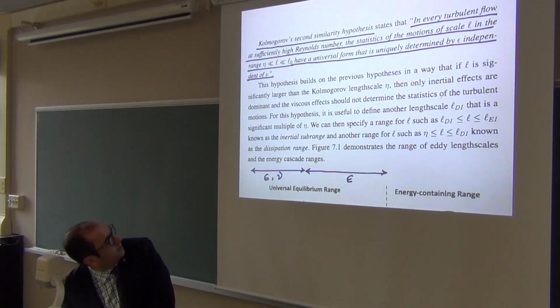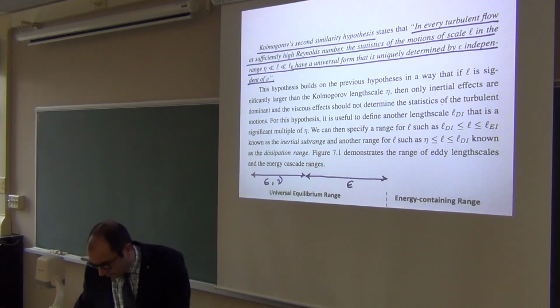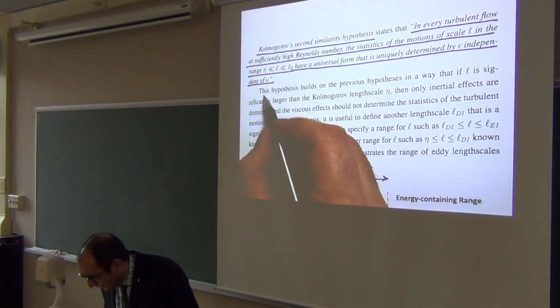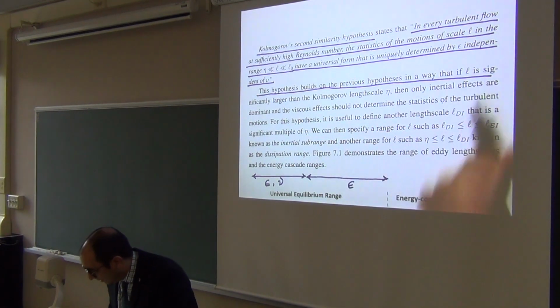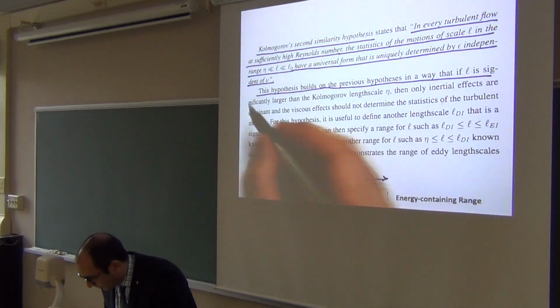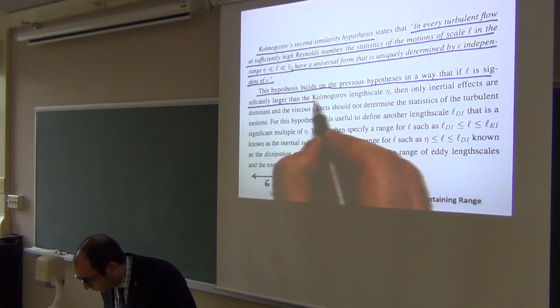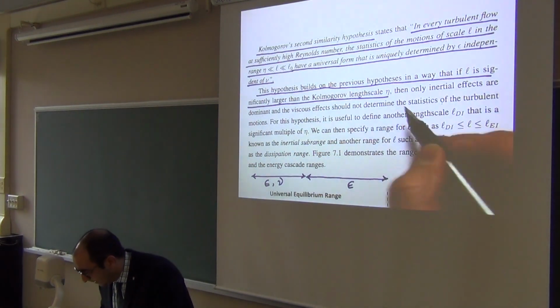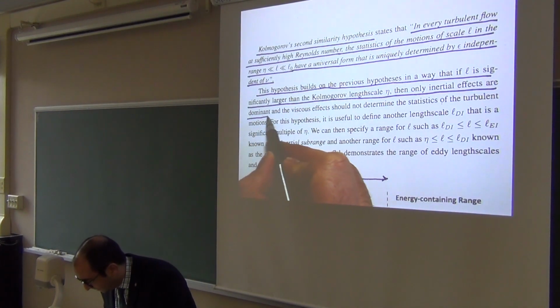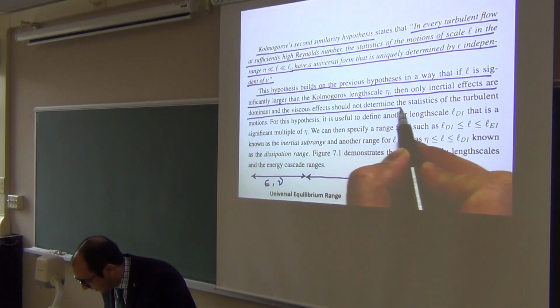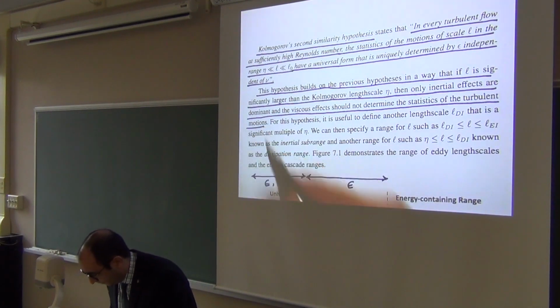So let me read the remaining of the paragraph. This hypothesis builds on the previous hypothesis in that the length scale of the fluctuations is significantly larger than the Kolmogorov length scale eta. Then only inertial effects are dominant, as I said, and the viscous effects should not determine the statistics of turbulent motions.